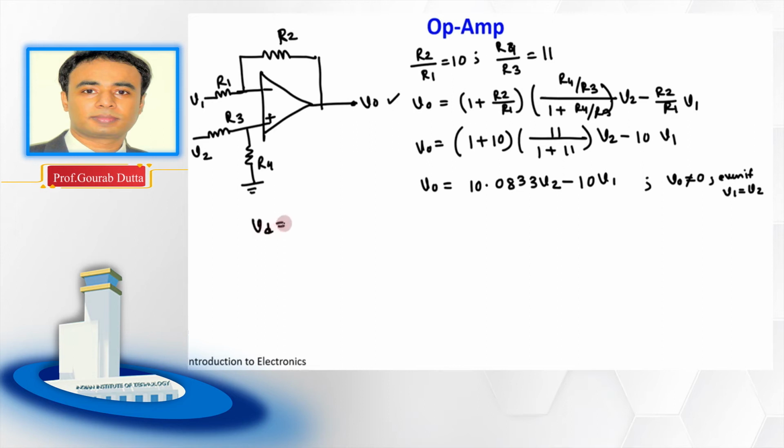Now what we have seen in the last page is that we have two types of signal. One is the difference signal, that is nothing but the difference between these two, V2 minus V1, and we have a common mode signal. We have defined this common mode signal as V1 plus V2 by 2.